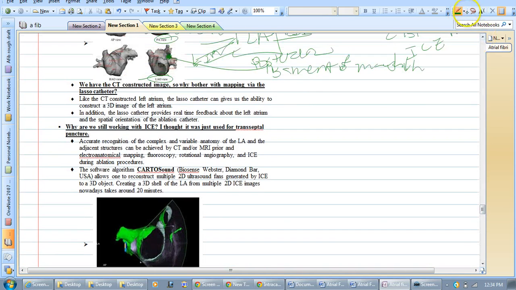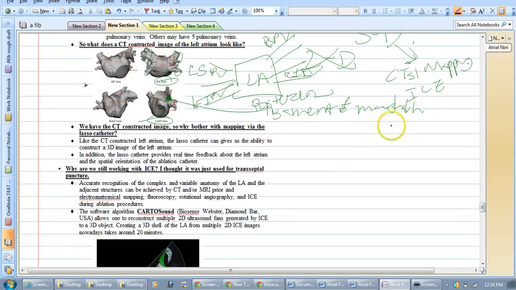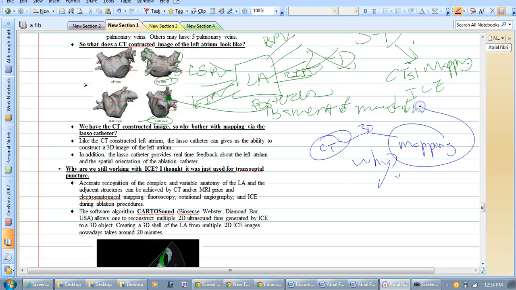So, it might seem a little redundant when we talked about how we can create a 3D image from both CT as well as mapping. So why are we doing both? Well, one thing to consider is that with CT, we obviously do it before the procedure, and that's going to give us a baseline reading of the patient, right? So we're able to rule out things like thrombus, which are commonly found in where?